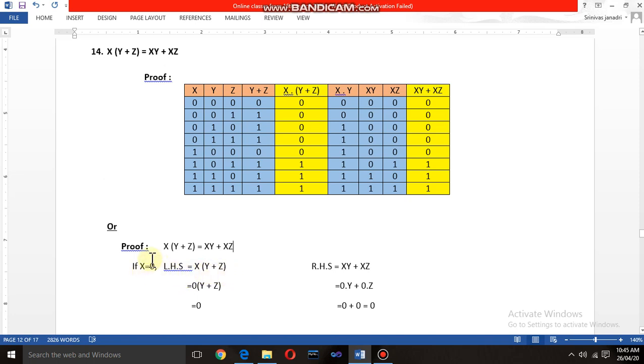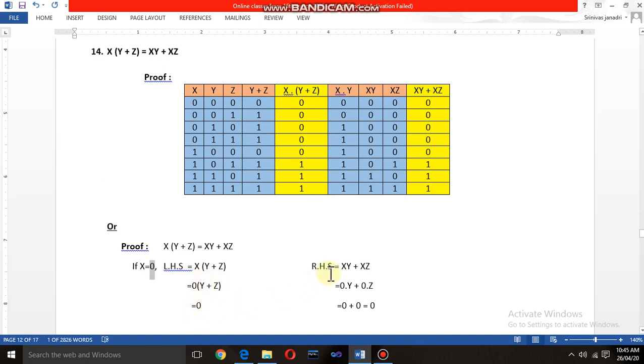Substitute this 0 wherever you have x: 0 and (y or z). When you do the logical multiplication of 0 with any variable or result, you will get 0 again.